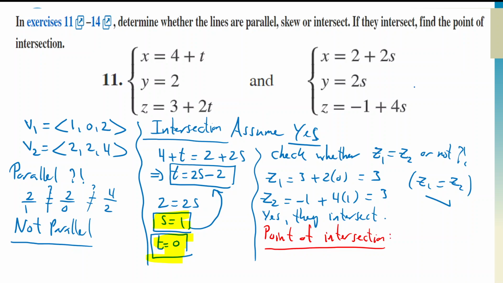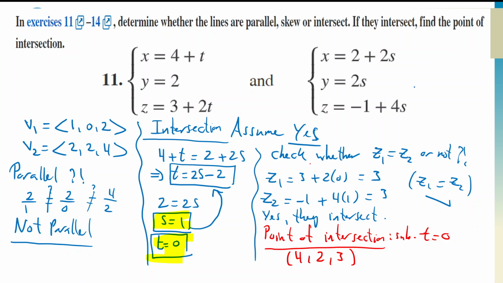So I'll substitute t equals 0 in the first group of parametric equations. If t is equal to 0, then x will be equal to 4, y equals 2, and z equals 3. This is the point of intersection. If you didn't like to use t and used s in the second group of equations, you'll get exactly the same result.